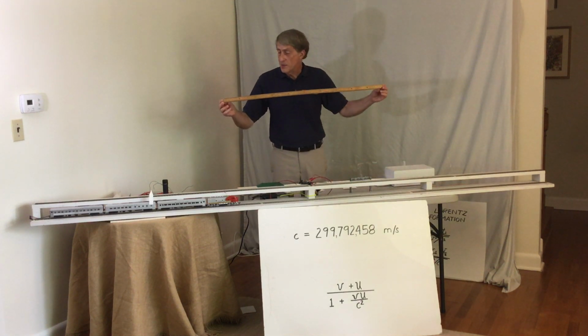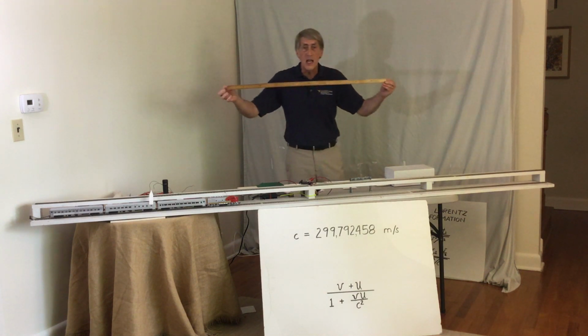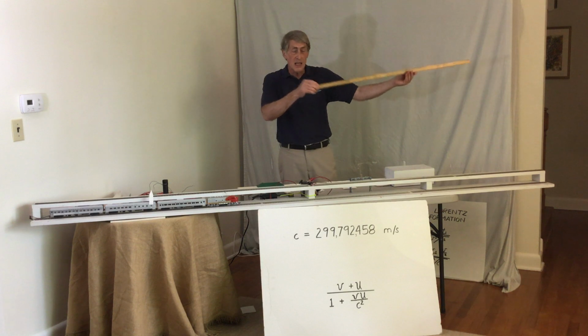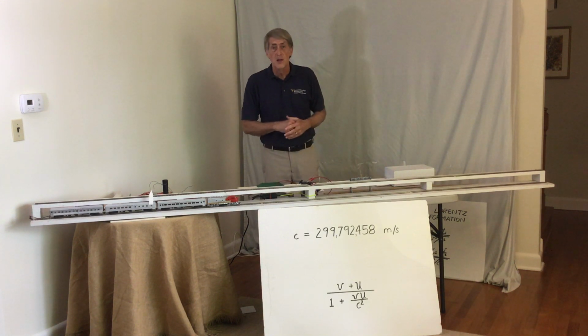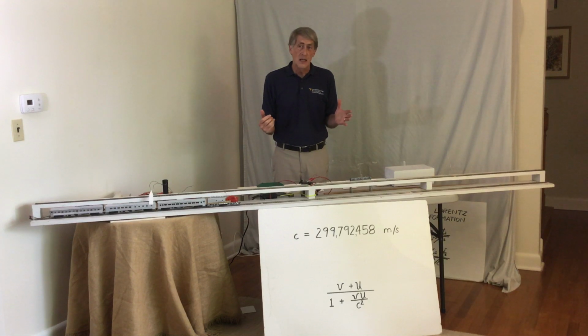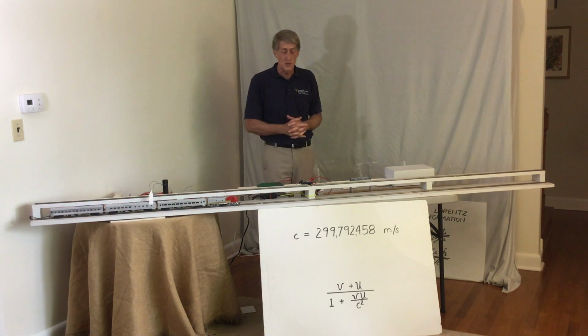And by the way, this is 1 meter right here. Just imagine almost 300 million of these end to end. That's how far light will travel in 1 second. Or another way of looking at it is to imagine the distance that is equal to 7 times around the Earth. That's how far light will travel in 1 second. So it's tremendously fast.